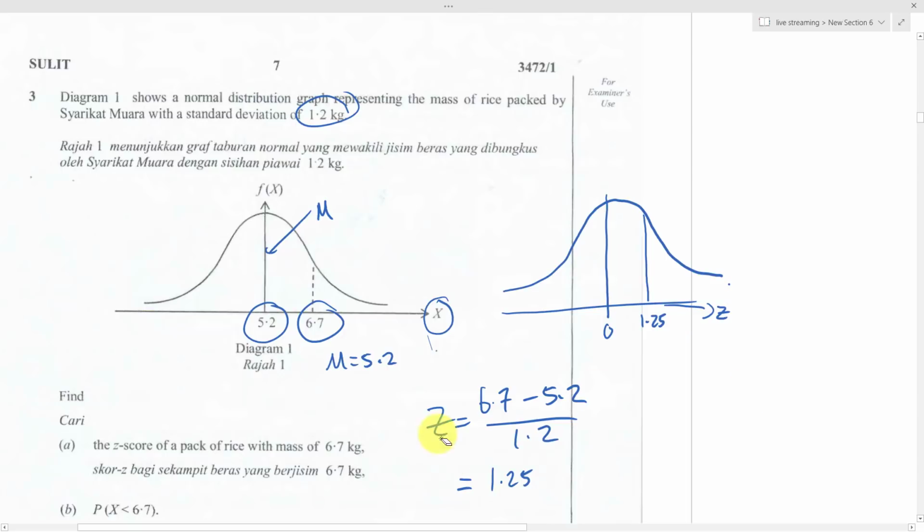Then they ask you to find the probability when x is less than 6.7.